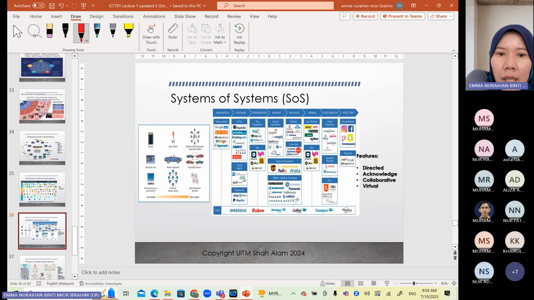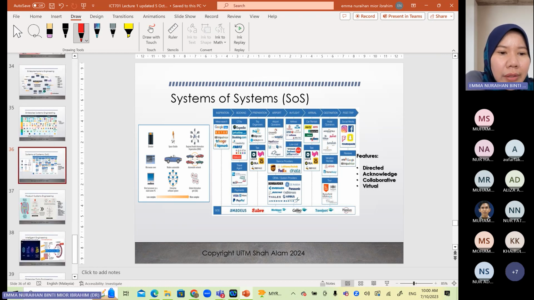So kalau you tengok sini, banyak sistem-sistem dalam for example dalam Asia ya. They not just give you flight. They also give services, let's say you nak rental car, you nak duduk hotel, makan, transport, semualah. System of system. Okay? Contoh, ya.